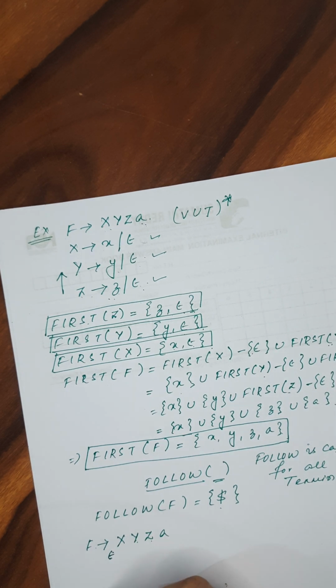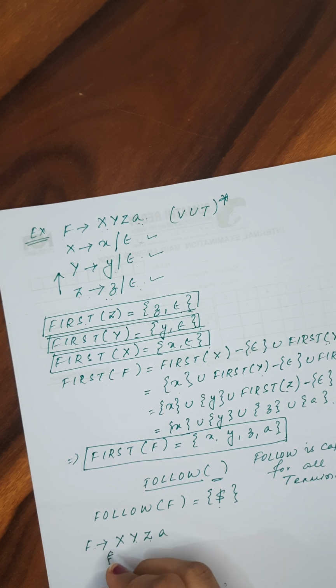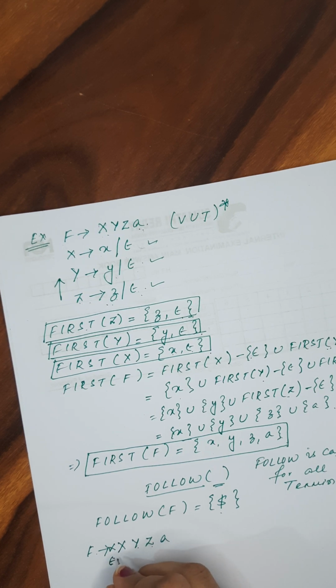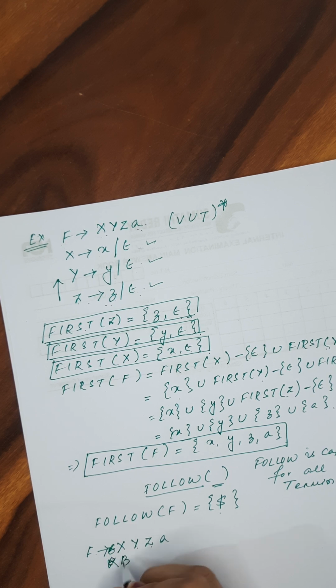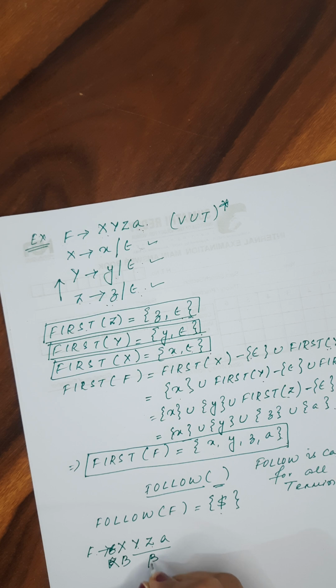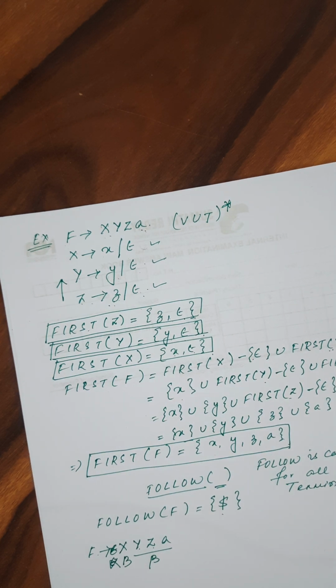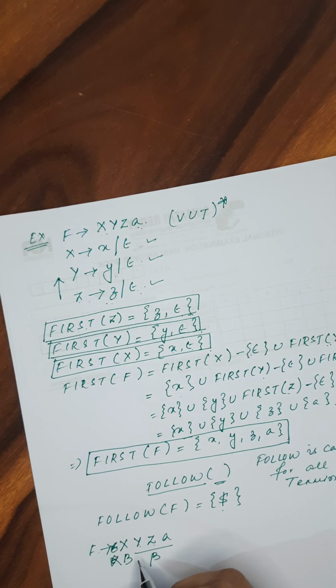Now, X I am taking, then what I will take? I am taking alpha as epsilon, B I am taking as X and the rest is beta. Now, see. What is the formula?